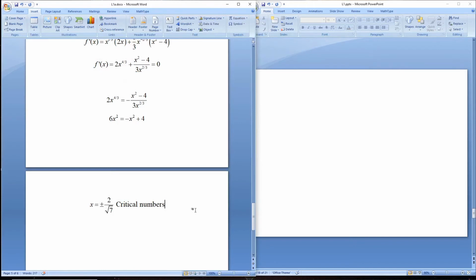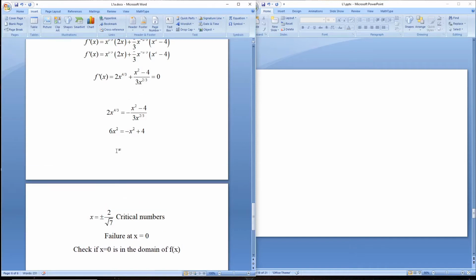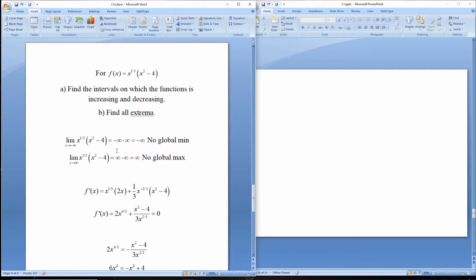So let me just write that down. We have a failure at x equals 0. And now we need to check if this failure is in the domain of the original function. So we'll go to the original function. Here it is.